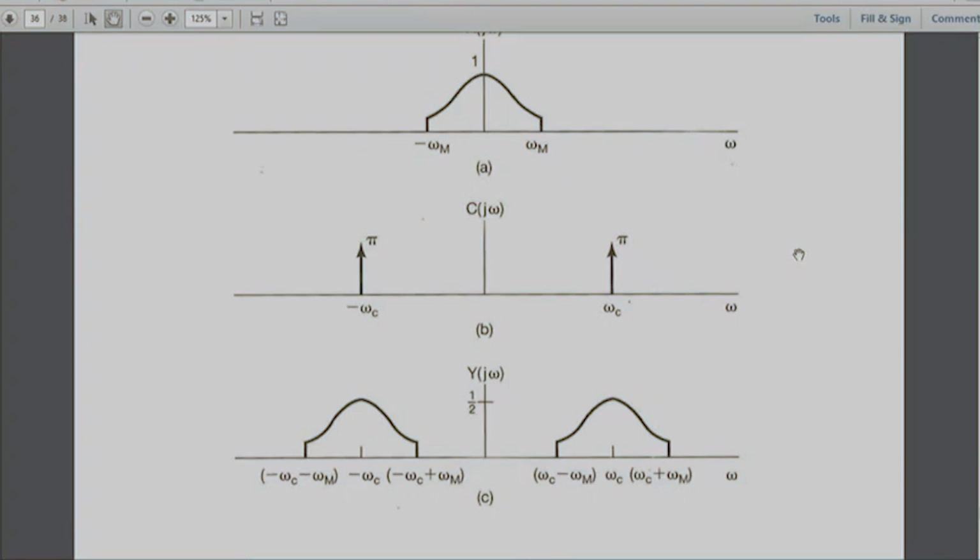When we take that thing and shift it to the left by omega sub c, the right-hand edge is going to be at minus omega c plus omega m, which is over here. So the two copies don't hit each other. If I had chosen my carrier frequency to be less than omega sub m, these would overlap.